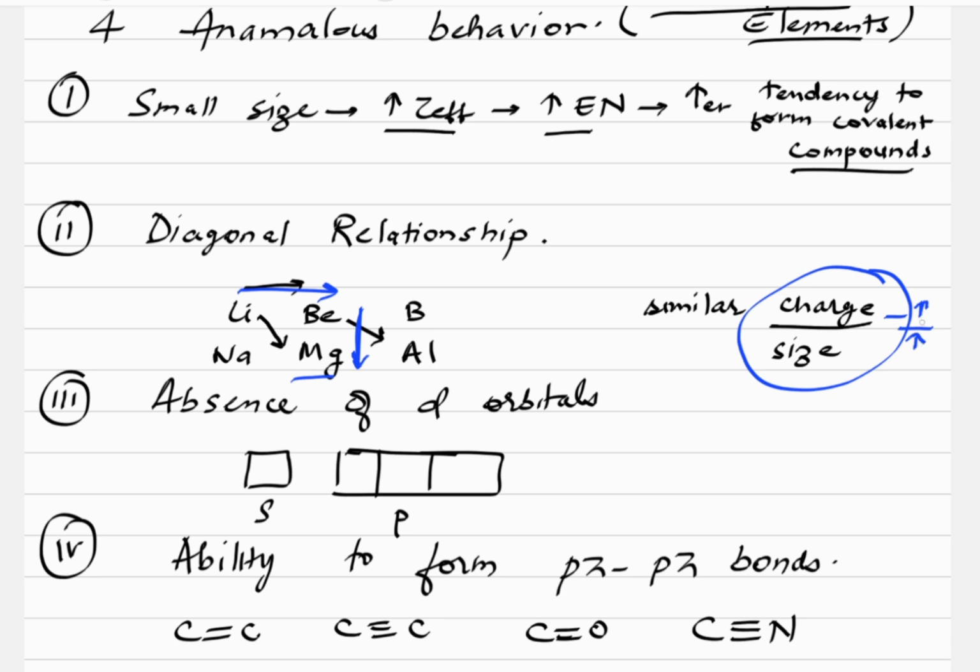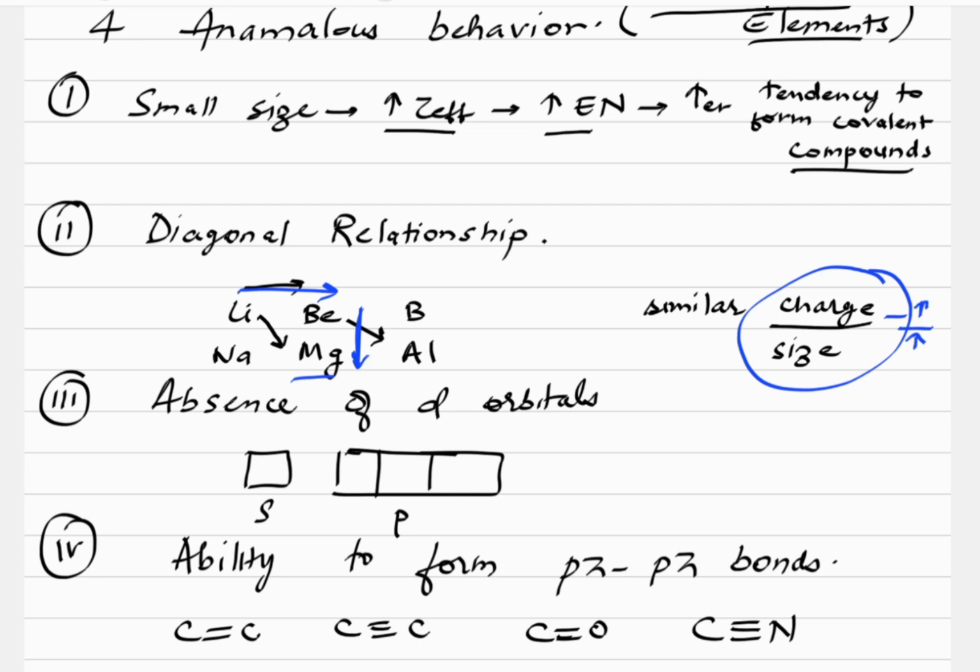So the ratio of charge by size of magnesium is very similar to that of lithium, and therefore they resemble each other quite a lot when it comes to chemical properties. Same is the reason for similar chemical properties of beryllium and aluminium. They're also very similar because they have very similar charge by size ratio.